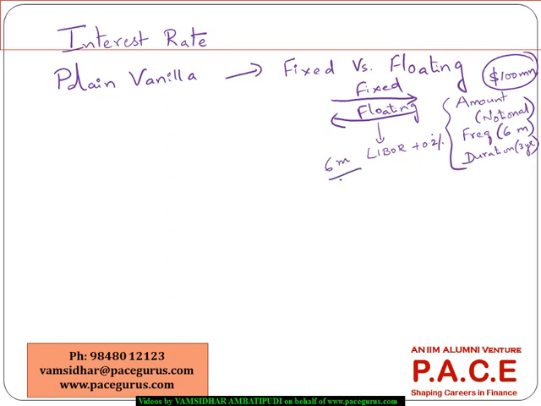So a 6-monthly LIBOR plus 0.2%, whatever is the interest rate there, that would be applicable on that 100 million, and whoever is the floating rate payer would be paying that amount, and the fixed rate payer, if they have agreed that they are going to pay 5% fixed, is going to pay the 5% to the other party.